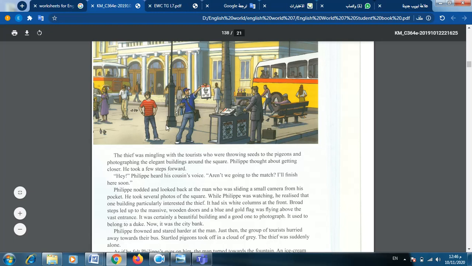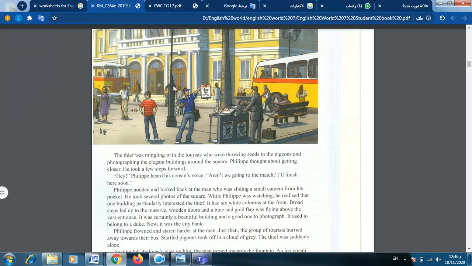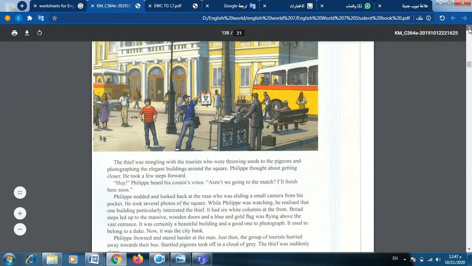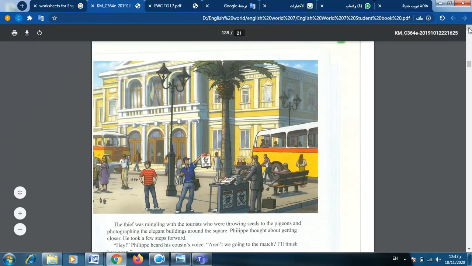This is the door of the building, the entrance. It is very wide. These doors are made from wood. And if you look above, over this building there was a flag.